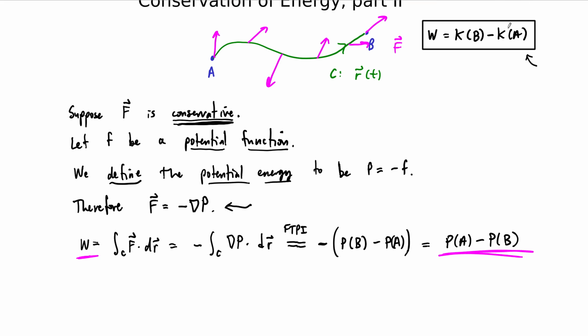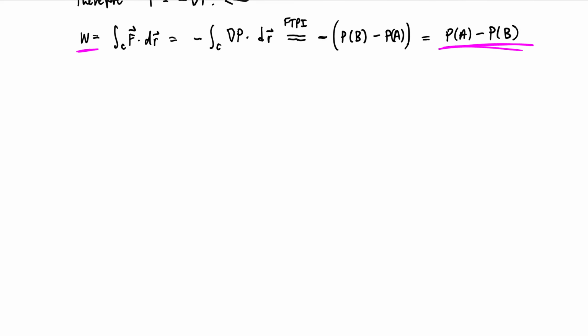We've got a formula for the work in terms of the difference in the kinetic energy, K of B minus K of A. We just worked out a formula in terms of potential energy when our vector field is conservative. And so when our force field is conservative, then these two must be equal, because they're different representations of the work done by the vector field on the particle.